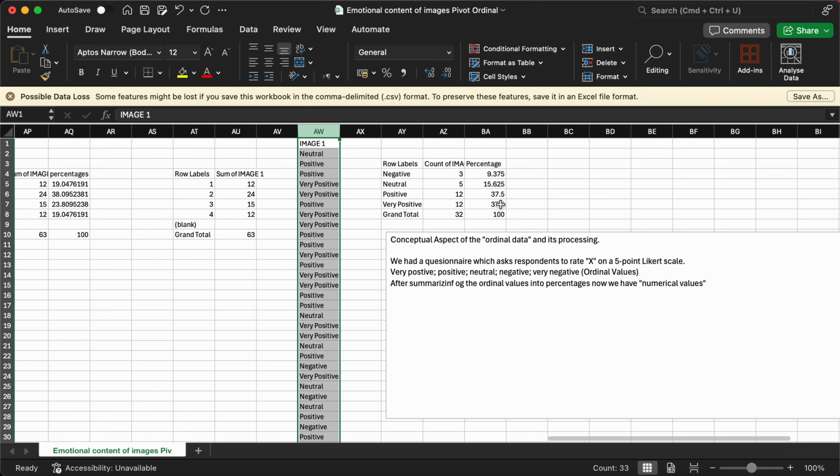Although these are numerical values and they are correct, if you say 37% answered very positive, that is absolutely flawless. There's zero issue with saying 37% responded very positive.